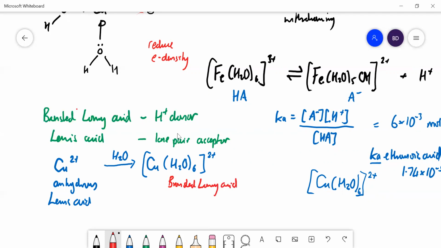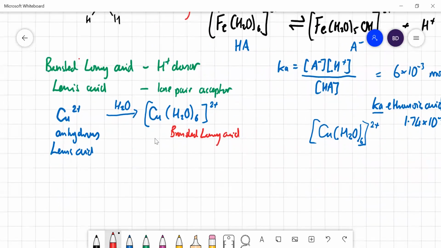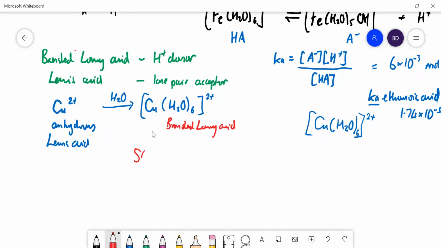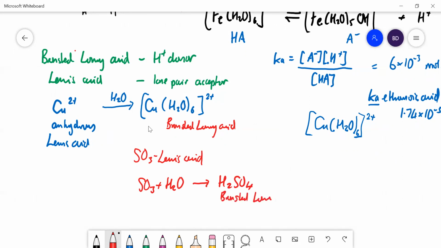We've seen that trend before if you have done 2.4. For example, SO3 is a Lewis acid, and when you add water to SO3, you get sulfuric acid, which is obviously now a Bronsted-Lowry acid. So it's the same sort of thing.